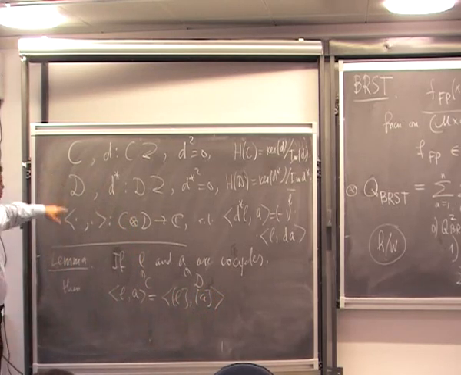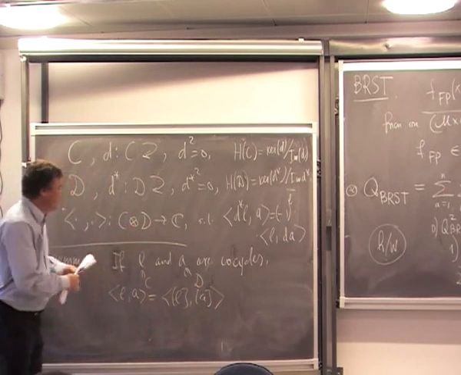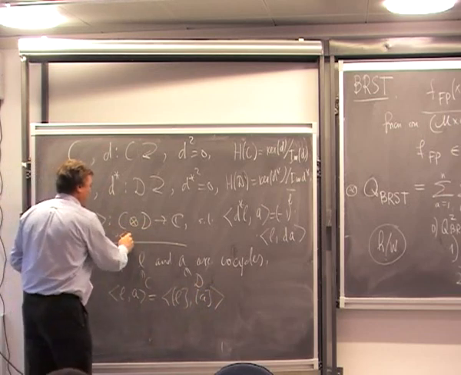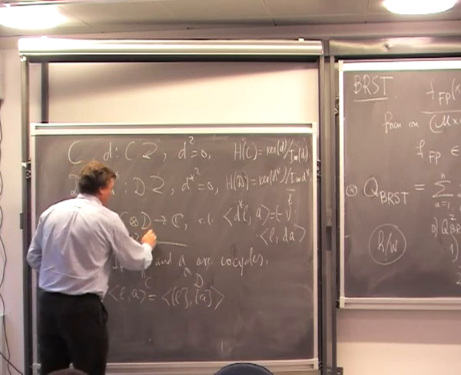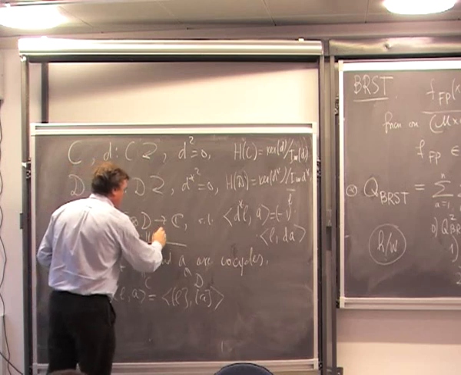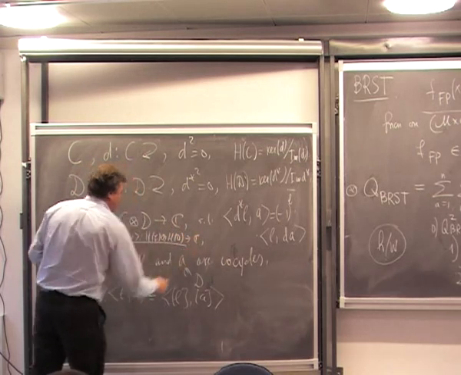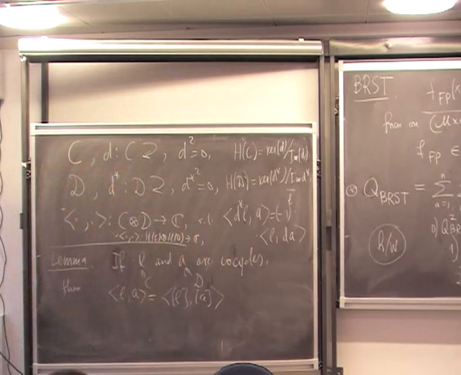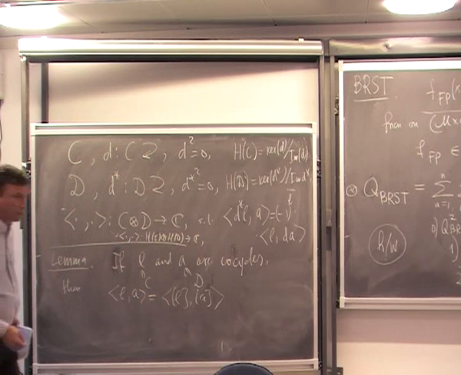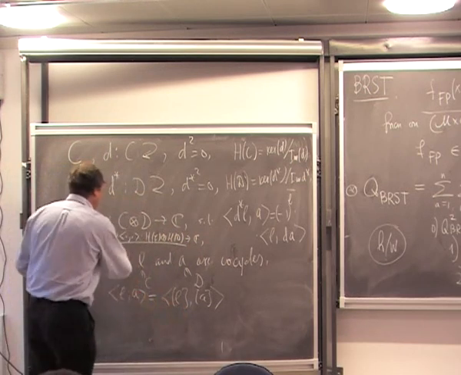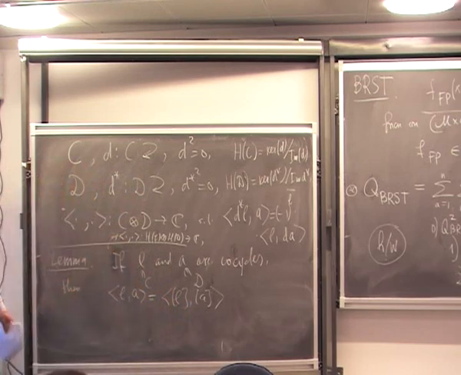So the pairing between C and D induces a pairing between H of C and H of D. The lemma is that the pairing only depends on the cohomology class. Exactly. Yes. So basically that's the statement.